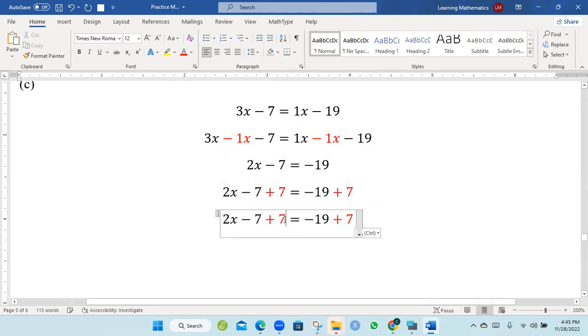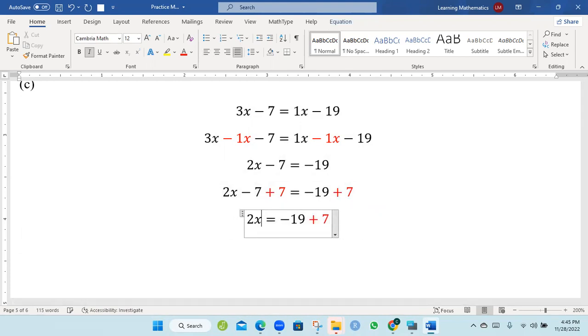We are left with 2x on the left, and a negative 19 plus 7 on the right. Negative 19 plus 7 is a negative 12.